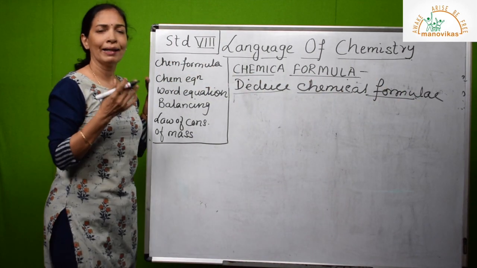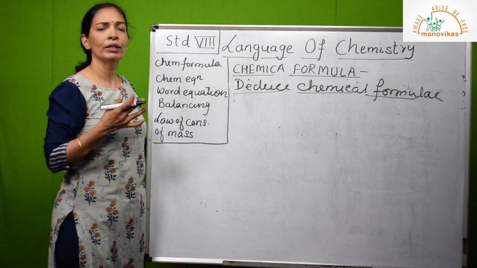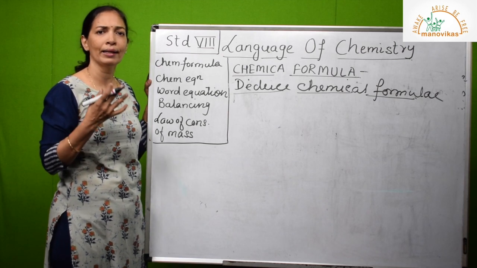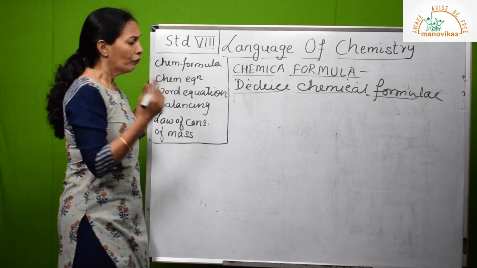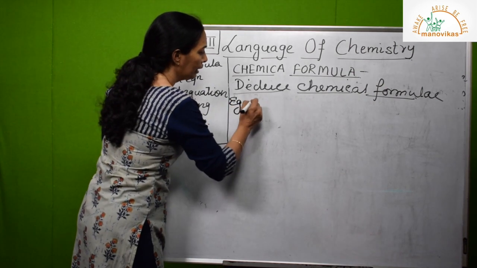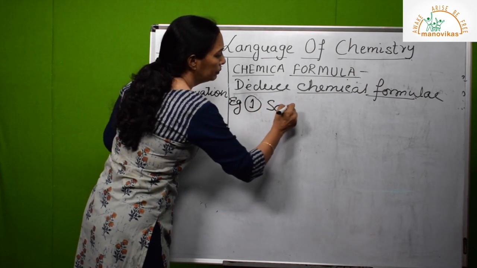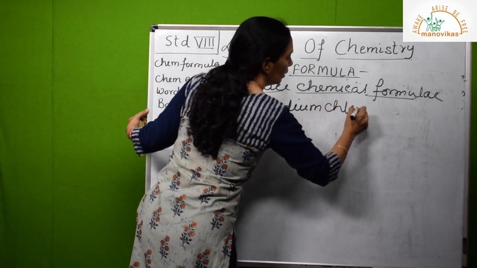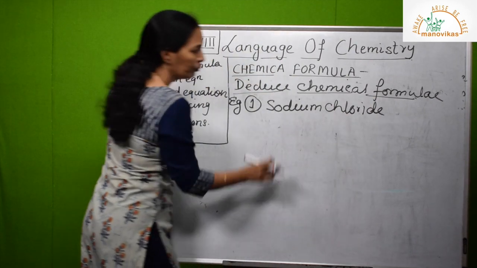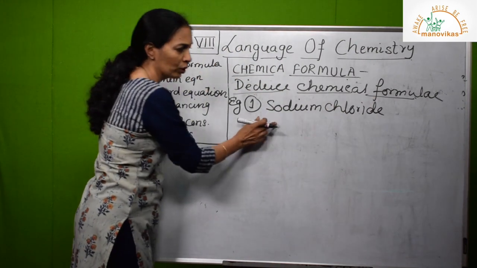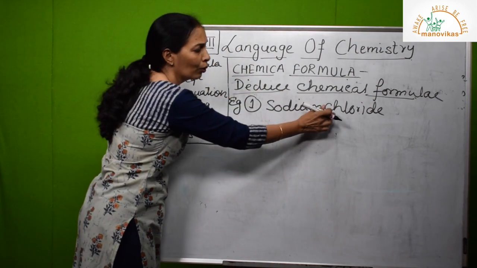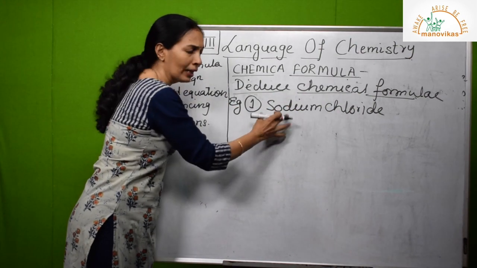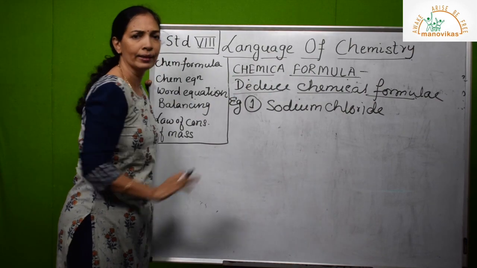If you know cations and anions along with their valencies, then you can derive a chemical formula looking at the name of the compound. For example, I will take sodium chloride. Now here sodium and this is chloride. So this is sodium ion and this is chloride ion, which is a non-metallic ion or anion. So cation is written first and anion is written later.